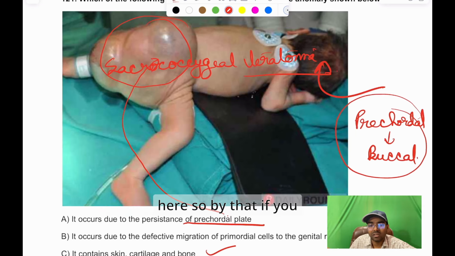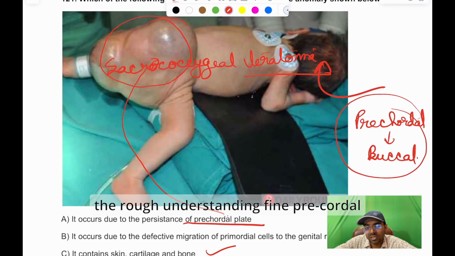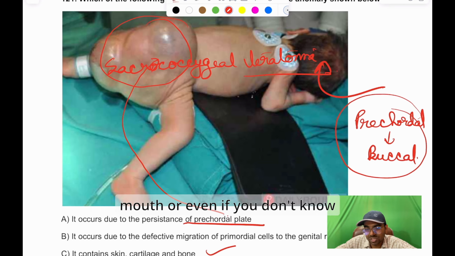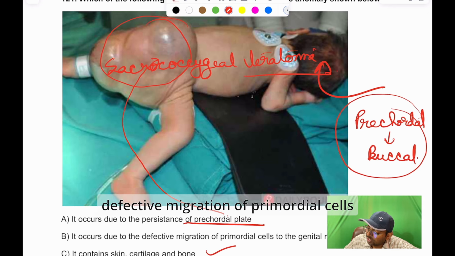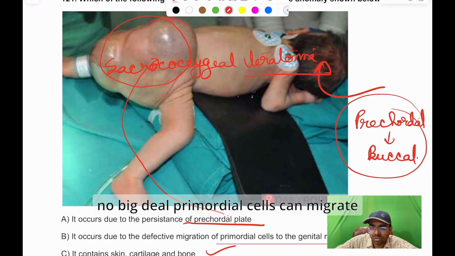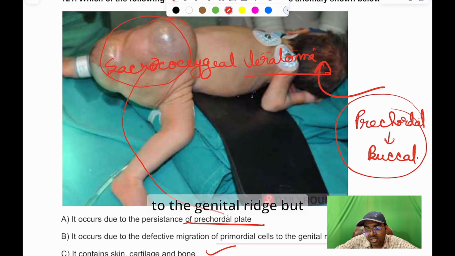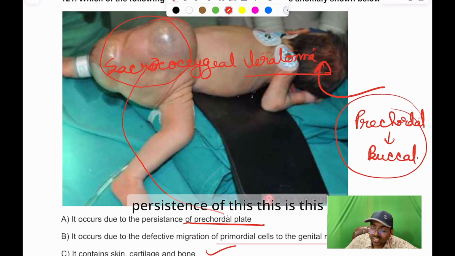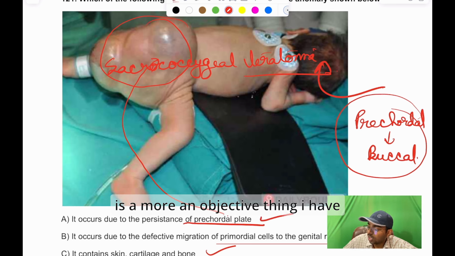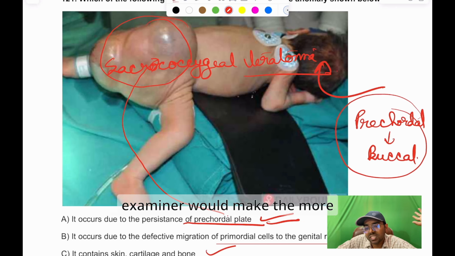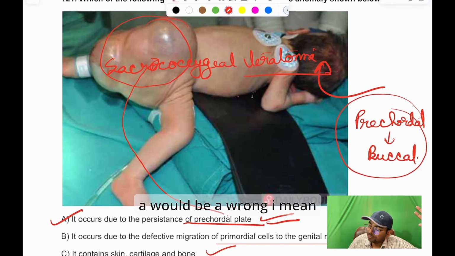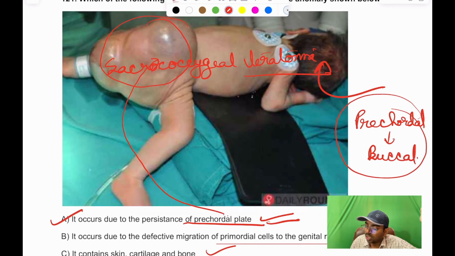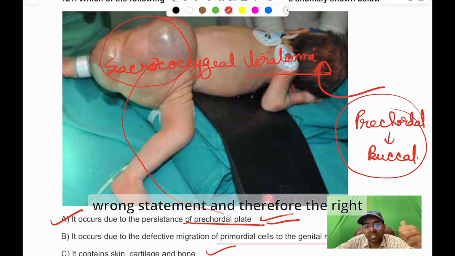So if you only have the rough understanding, fine, precaudal plate is associated with mouth, or even if you don't know that, you know that it occurs due to defective migration of primordial cells to the genital ridge. No big deal, primordial cells can migrate to the genital ridge, but persistence of this is a more objective thing. I have repeatedly told you that the examiner would make the more objective statement false. So therefore here option A would be a wrong statement, and therefore the right answer.